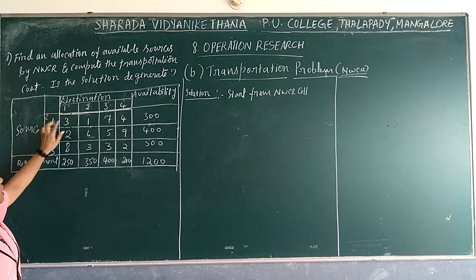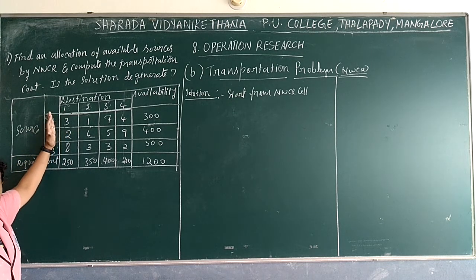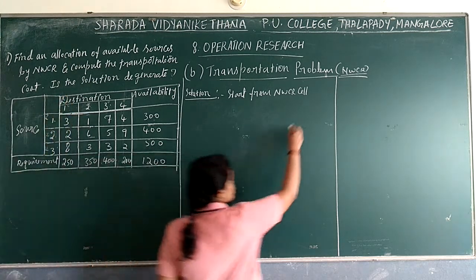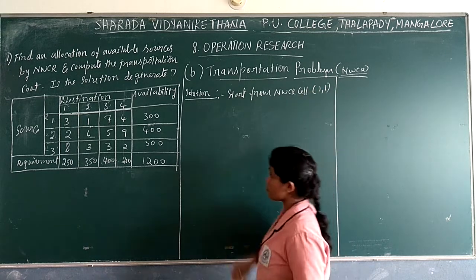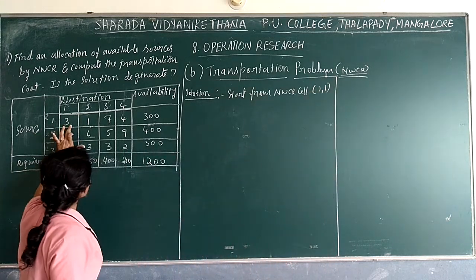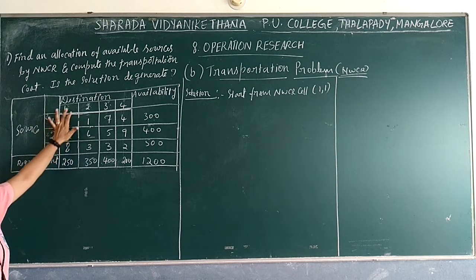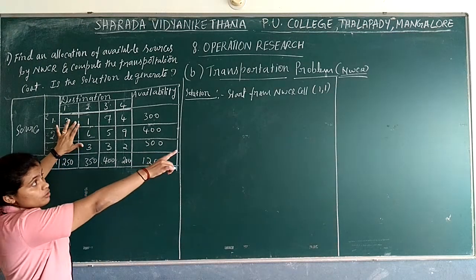What is that cell? As I said, you have to take source first, then destination. Source first means firstly you take the row, then the column. So the northwest corner cell is 1, 1: first row and first column, or first source and first destination. That is cell 1, 1.